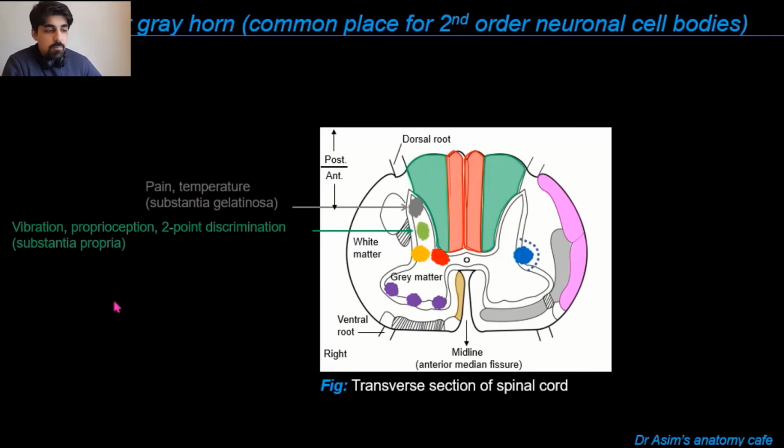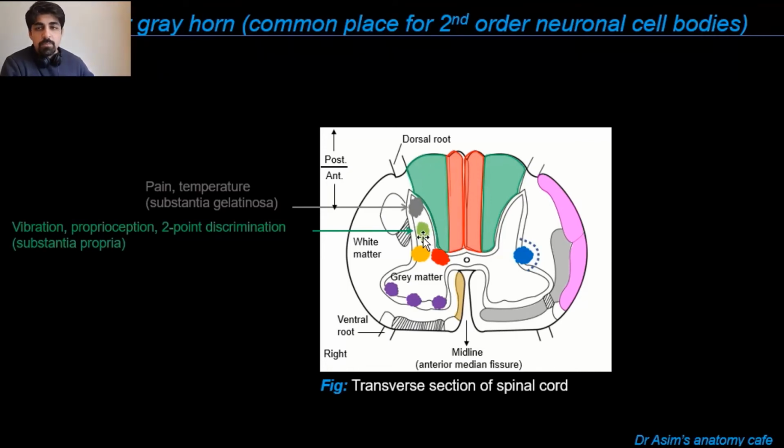Similarly, the sensory information of vibration, proprioception, and two-point discrimination, these are carried by the first order neurons and are relayed into a group of nuclei over here inside the posterior gray horn, which is known as the substantia propria or the nucleus proprius. The second order neuronal cell bodies for this pathway, however, are not situated over here.